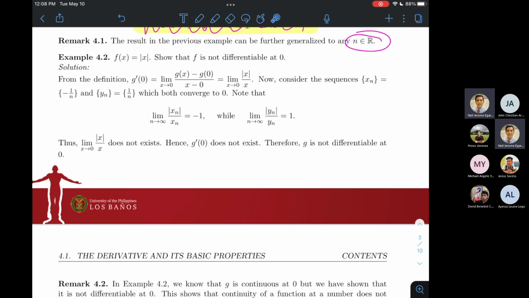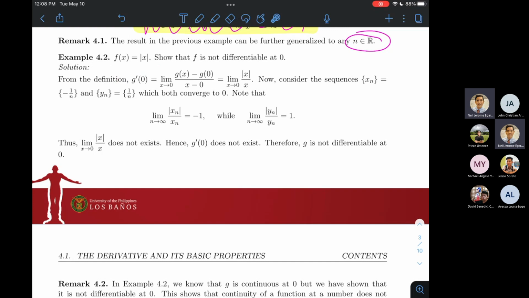So kaya ginawa ko para hindi ko na i-discuss yung malalim na technical detail behind that. I used here the equivalence theorem or the characterization theorem for limits insofar as limits of functions are concerned.